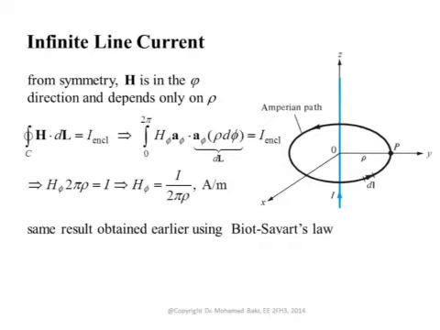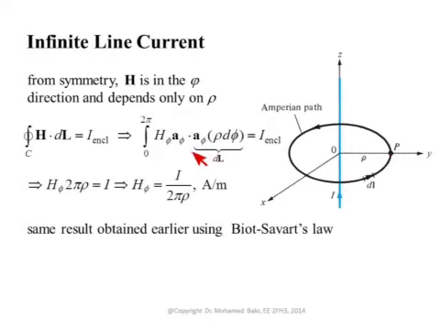Using these two pieces of information, we select an Amperian path, an Amperian contour, which looks like a circle whose center is on this wire here. As a result, when we carry out the integral of H dot dl, H is in the phi direction, so it's H phi a phi. dl along this contour is equal to rho d phi a phi.